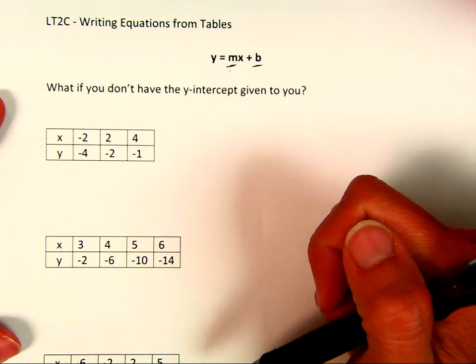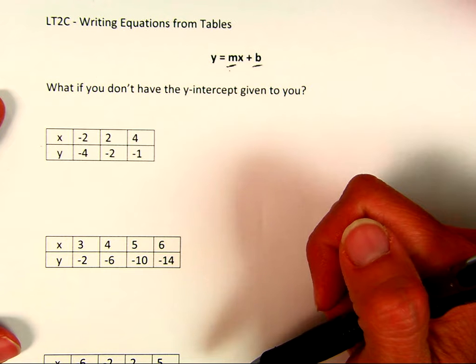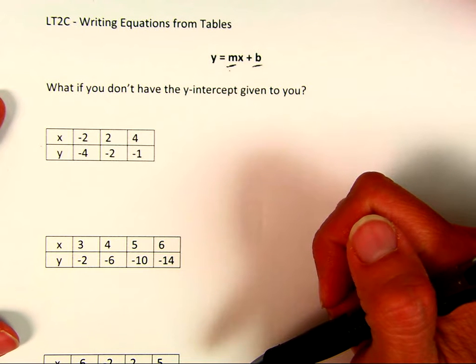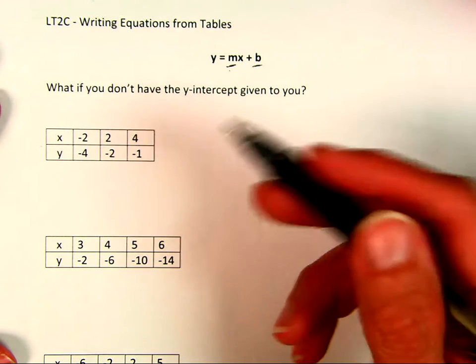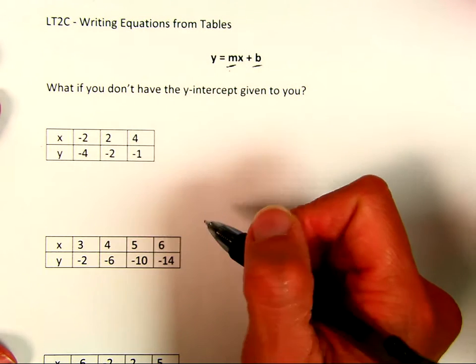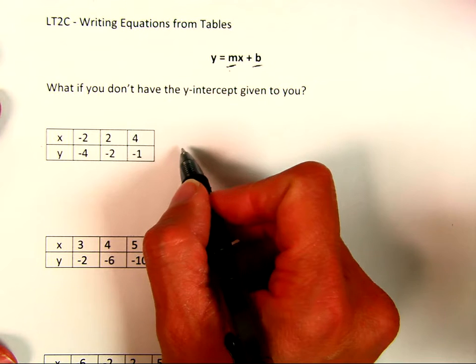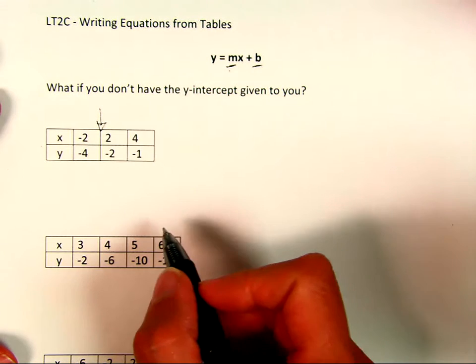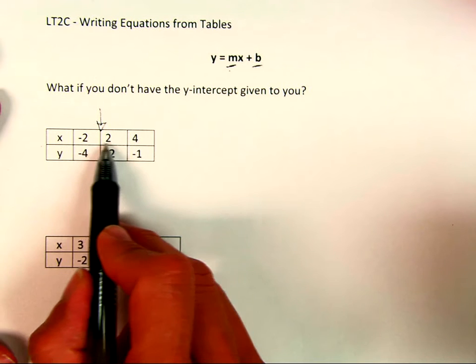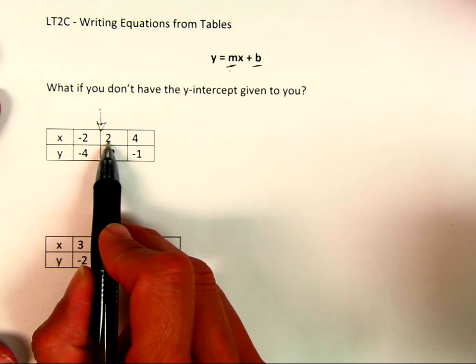There's a lot of different ways to do this. I'm going to show you one that's more like figuring it out instead of algebra-ish, because that'll be a different lesson. So it's important to know that the y-intercept always happens when x is 0. And 0 for x would be right between -2 and 2.